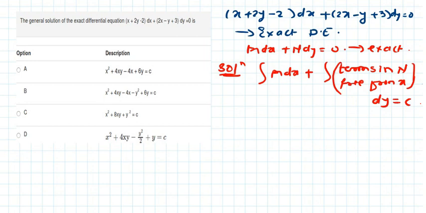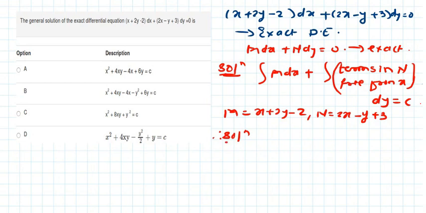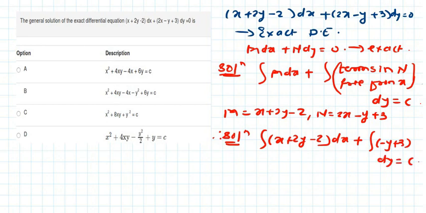So what is M here? M is x plus 2y minus 2, and N is 2x minus y plus 3. Therefore our solution will be integration of M, x plus 2y minus 2 dx, plus terms in N not containing x. The only terms are minus y plus 3 dy, equal to constant. So finally we can integrate.